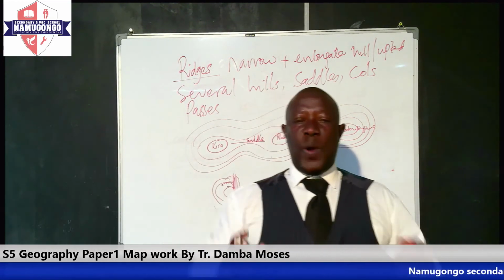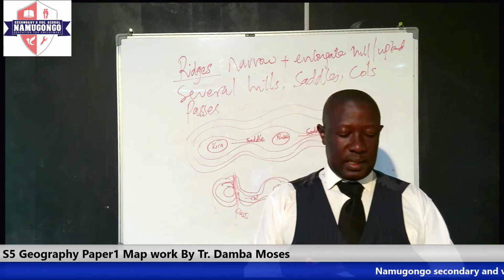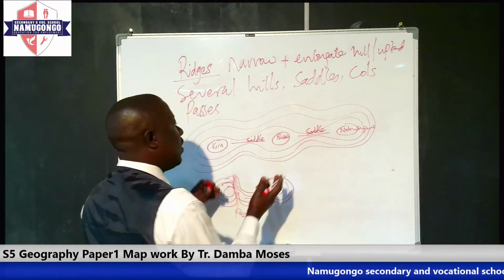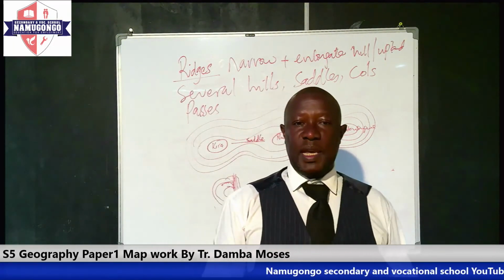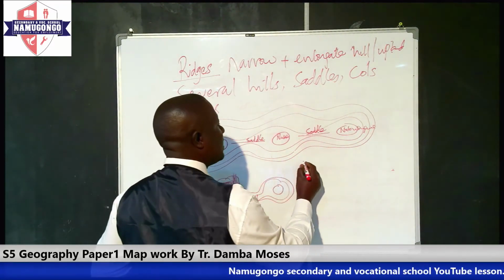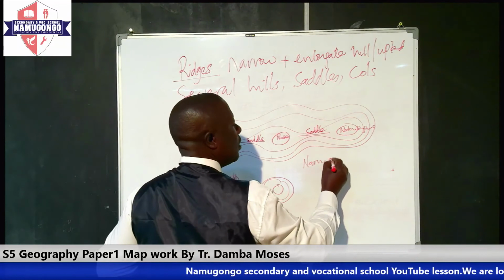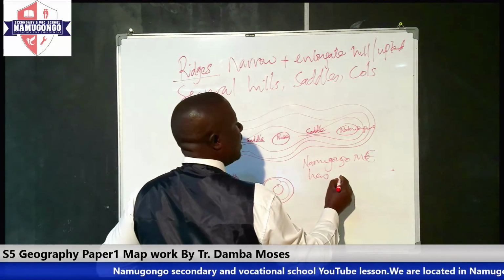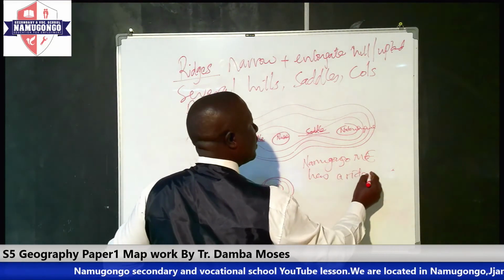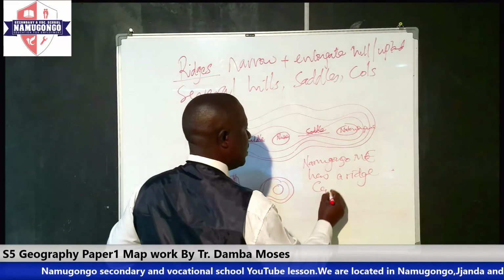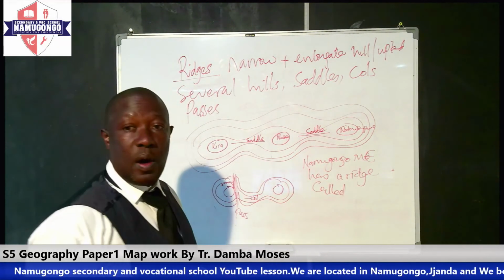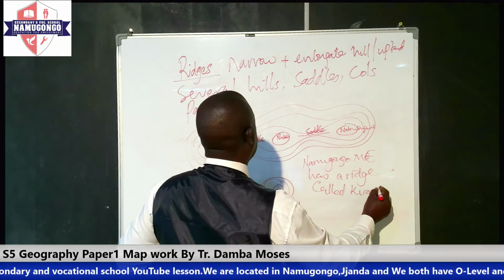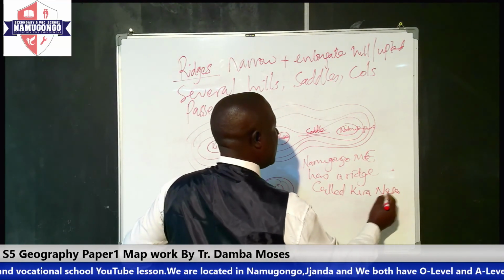Okay? So, when you identify on your map extract this narrow, elongated feature, you write a statement in your answers that Namugongo map extract has a ridge, a ridge called, and you give us the local names which are identified on the map, called Chira, Nsasa, Nabusugwe ridge.